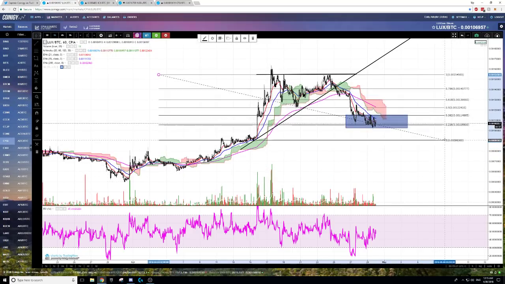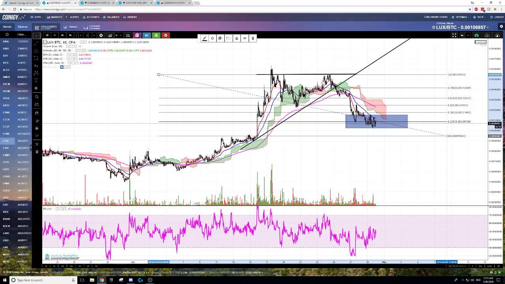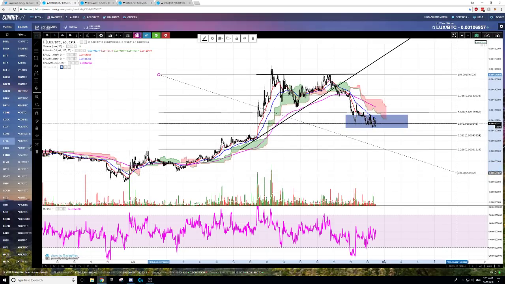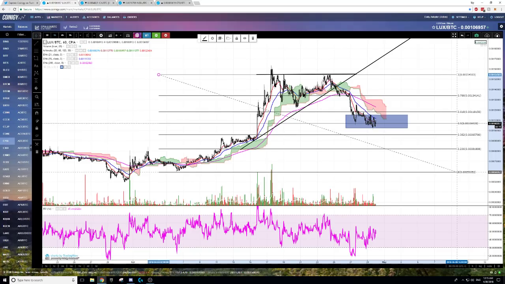Maybe let's see if we just chart the breakout from here. Could be that just around the 0.5. Actually, I think this is the best fib retracement that we're going to find.